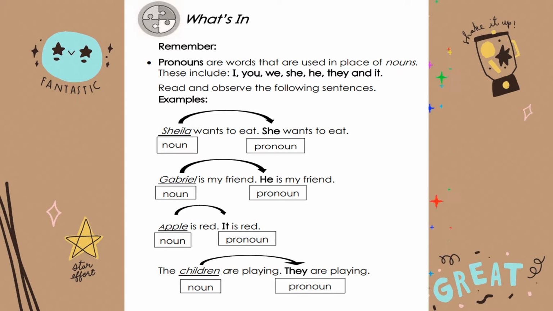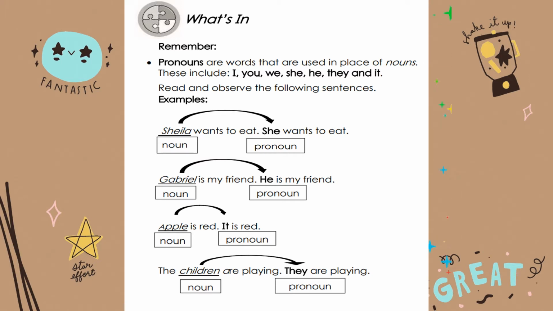Read and observe the following sentences. Example number 1, Sheila wants to eat. She wants to eat. Sheila is a noun. She is a pronoun referring to Sheila. Number 2, Gabriel is my friend. He is my friend. Gabriel is a noun and he is a pronoun referring to Gabriel.